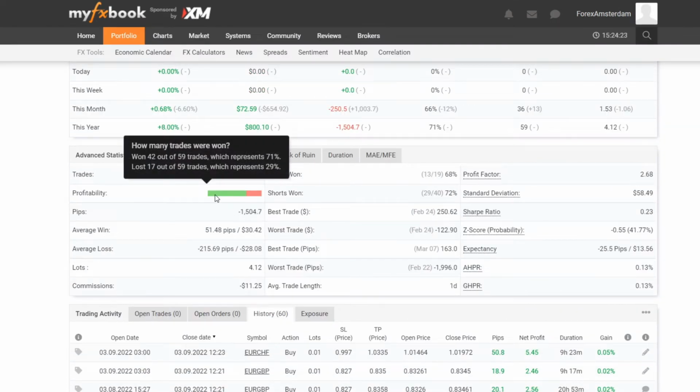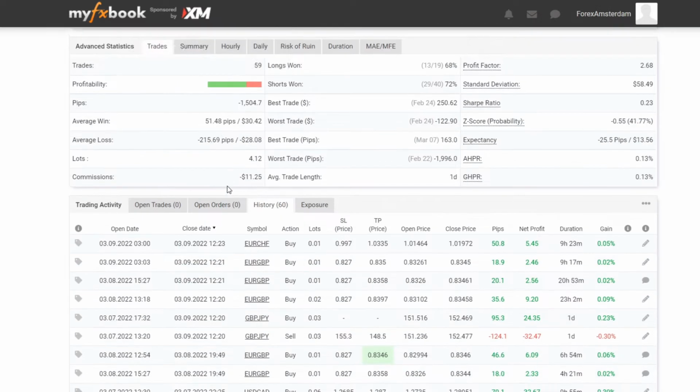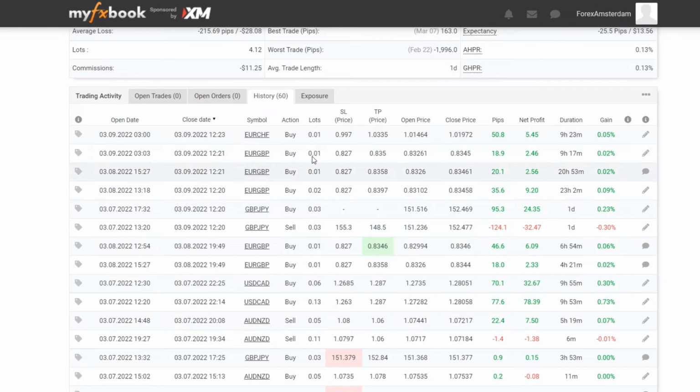And if we look at my profitability, it used to be 80%, but as you can see over here, I used really low lot sizes to just hit the 8% target, because there were so many opportunities to reach the 8% sooner.